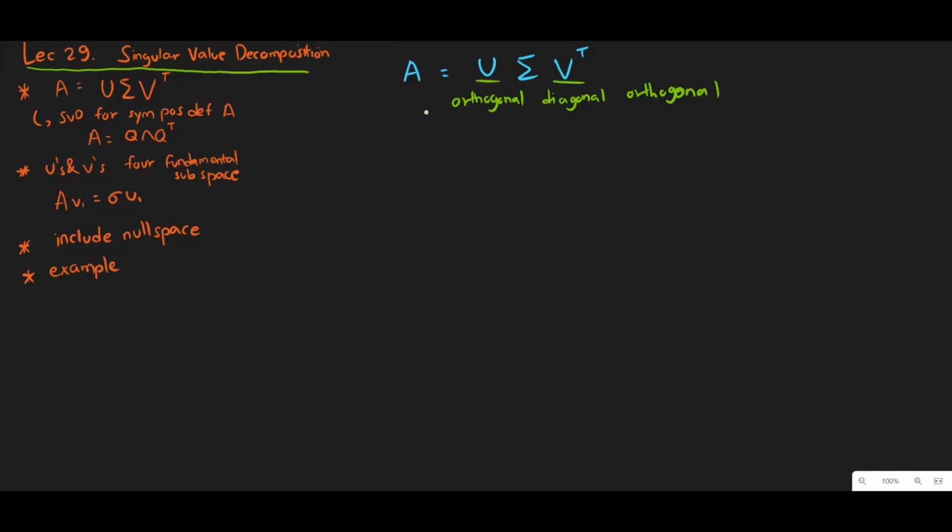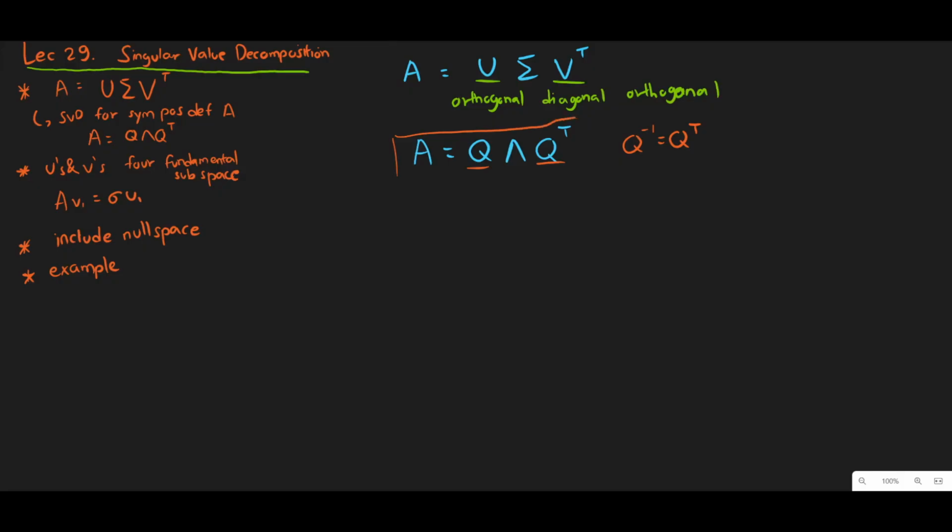Briefly, you might already be familiar by now with this form that A is Q, capital lambda, Q transpose. In this case, you remember that Q is square and orthogonal, so we can use this property of Q inverse equal Q transpose. This is diagonalizing A in the case when A is symmetric and positive definite.